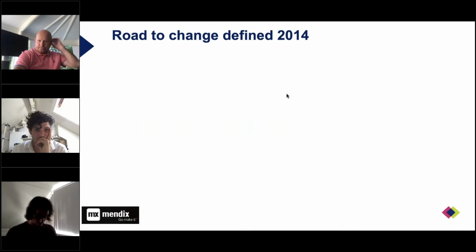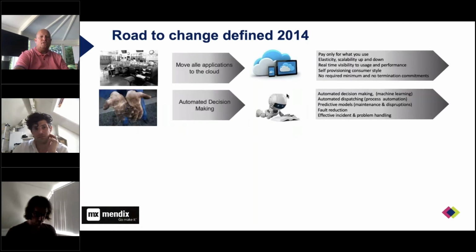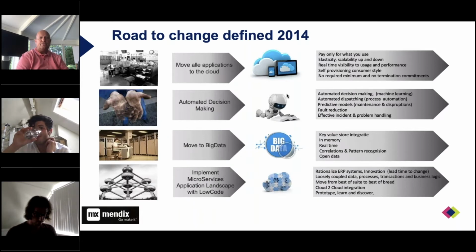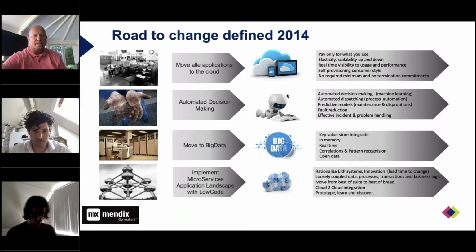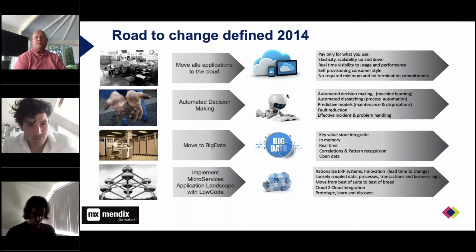This road to change in 2014 was on 4 areas. We defined that as of 2014, our strategy was to move all our applications to the cloud. That means we only pay for what we use, but the most important thing is that we have the elasticity and scalability which we can never bring from our own data centers.